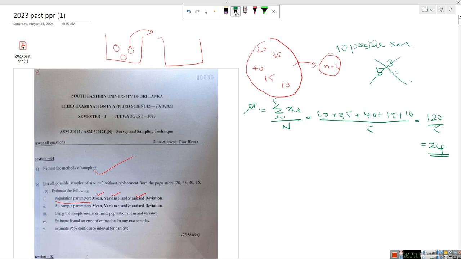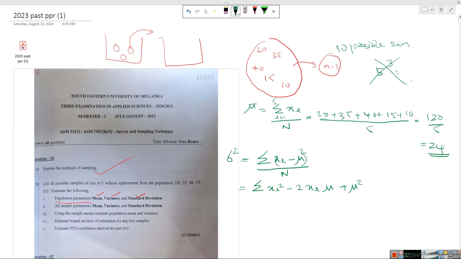Okay, right. This is the population mean. Now we have to find out sigma squared also. For sigma squared we may use summation of xi minus mu, whole squared, divided by n, right? So we can modify this equation like this. This can be written as summation of xi squared minus 2 xi mu plus mu squared.